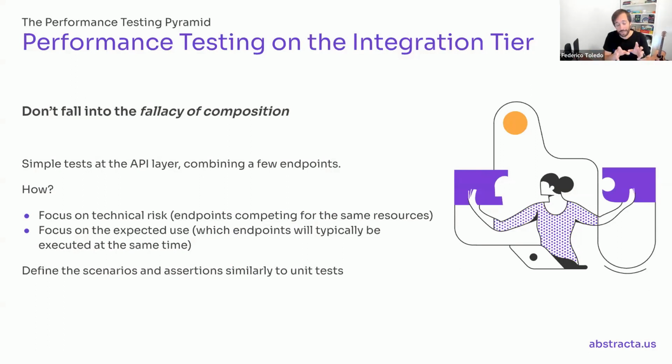The intelligent choice here is to try to combine those that you know have access to the same shared resource, the same tables of the database, the same files, something like that, in order to see how they interact and affect each other, right? So for this layer, this is the only comment.